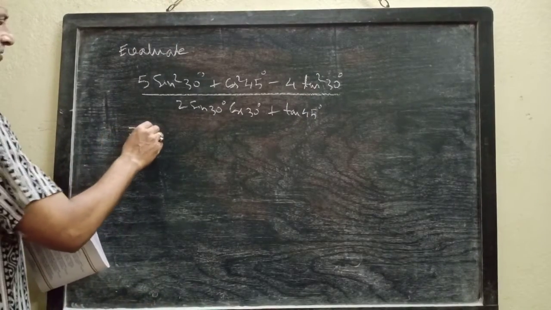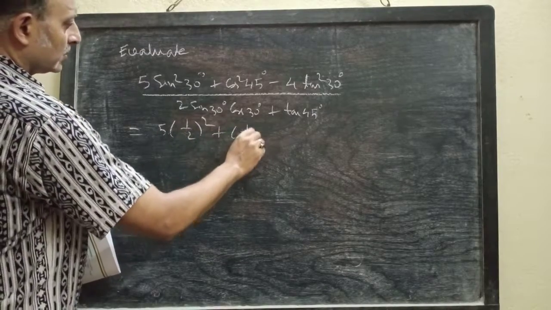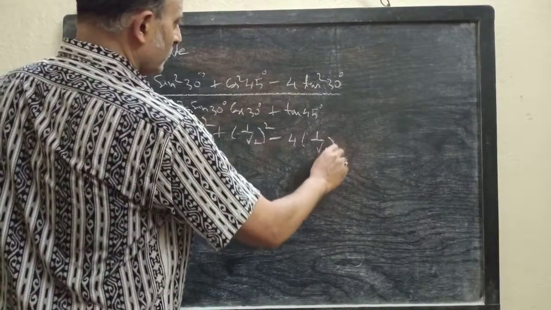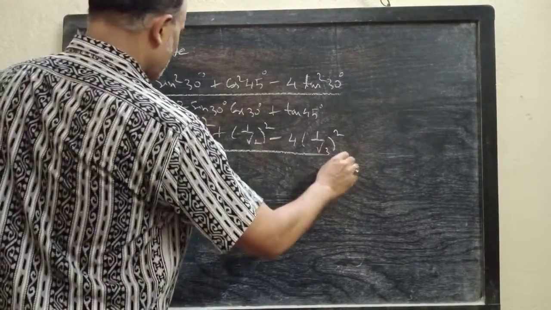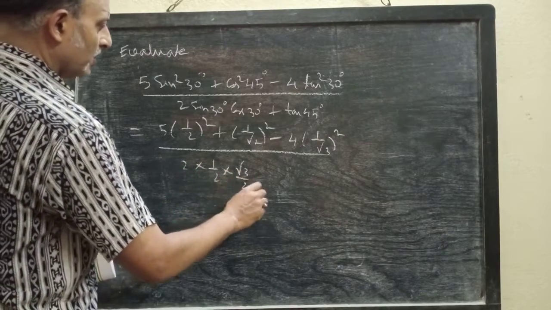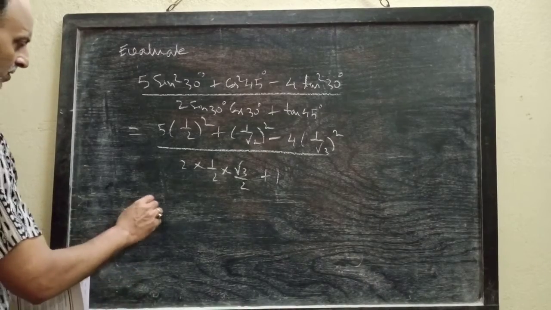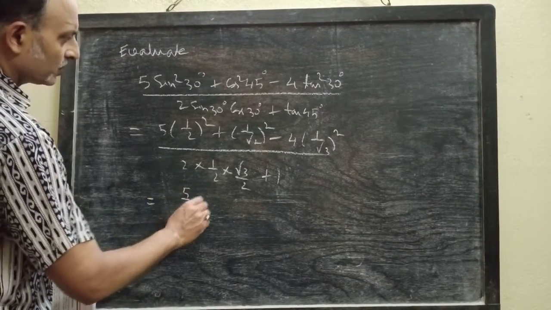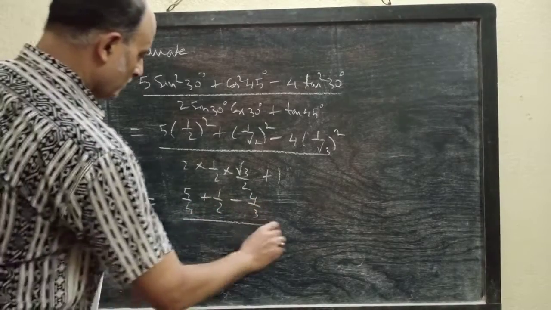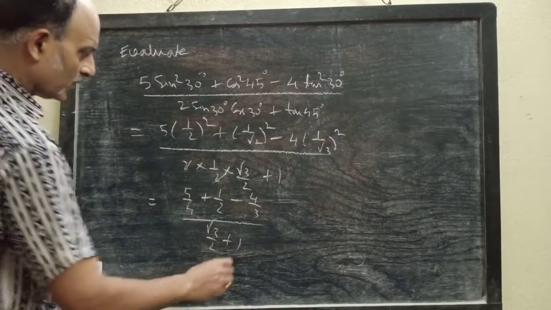First substitute the values. 5 into half whole square, 1 by root 2 whole square, 4 into 1 by root 3 whole square divided by 2 into half into root 3 by 2 plus 1. Then we have, this is 5 by 4, this is half, this is 4 by 3, 2 cancel, this is 3 by 2 plus 1.